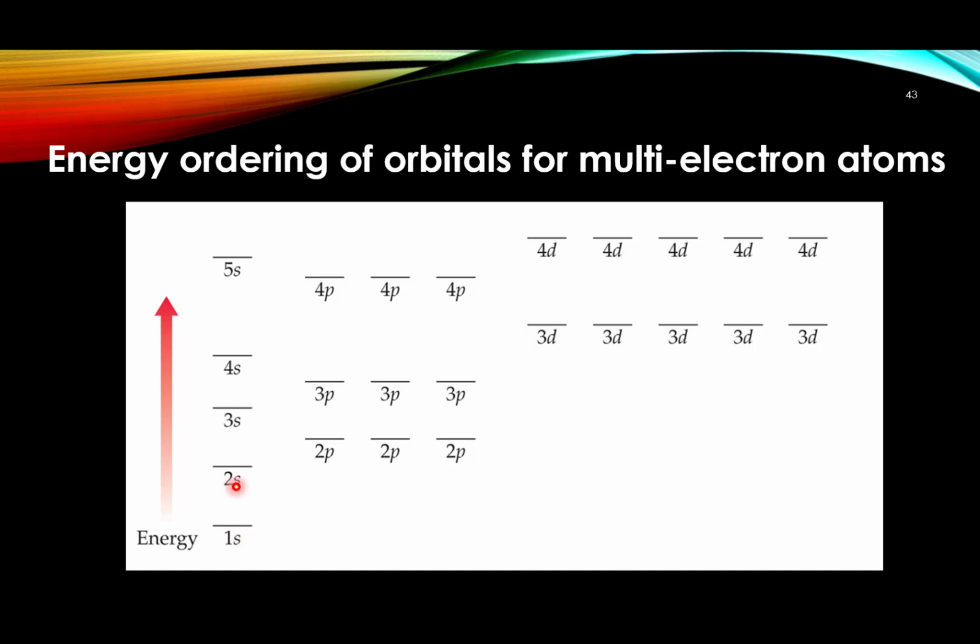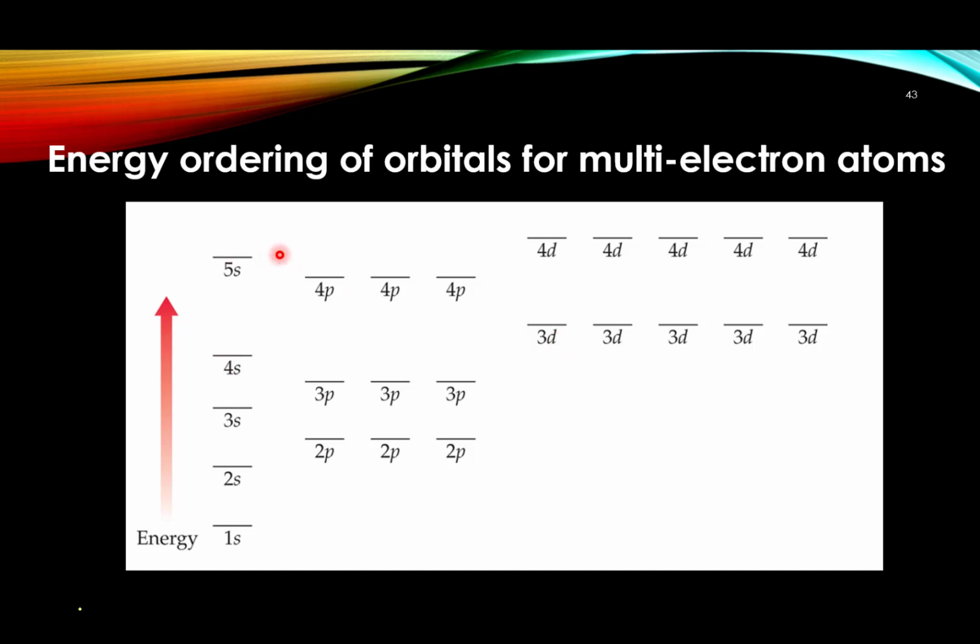Then it's 2s, 2p, 3s, 3p, and then 4s. This is the example that I talked about for calcium. Remember, I did 4s first rather than 3d. Then it's 4s first, 3d, and 4p, 5s, 4d.